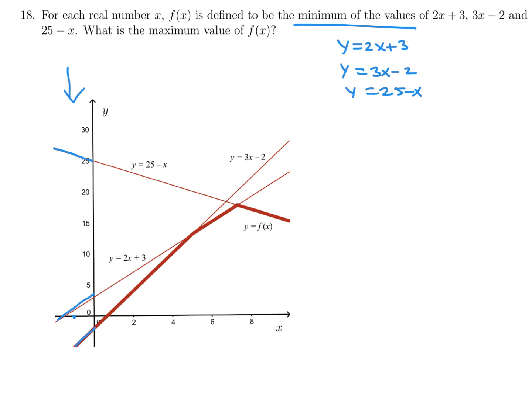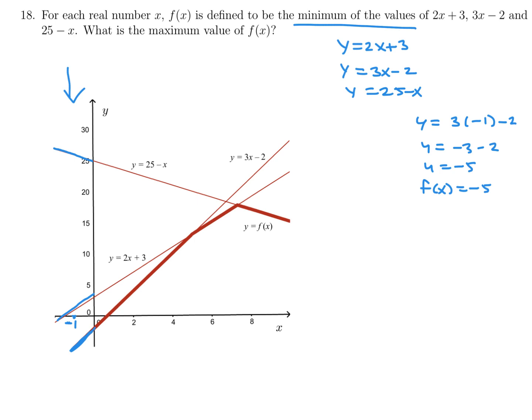Well, the minimum is this guy, the 3x minus 2. So if it was negative 1, we would plug it into 3x minus 2, and therefore, that would be my f at x. So it would be 3 times negative 1 minus 2, which is minus 3 minus 2. So y is minus 5. So f at x in this case would be negative 5, since it's the minimum of those three.